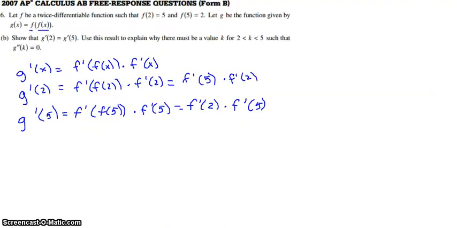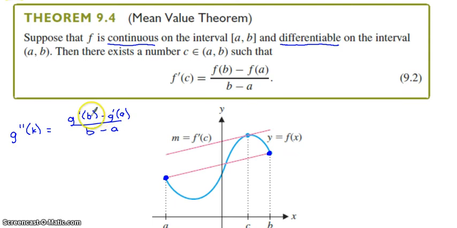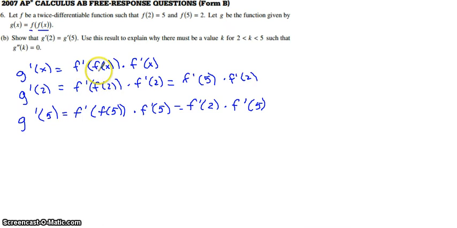So if we go back to what we have so far for part B, can we confirm that g prime, because that's the function we'd be applying the mean value theorem to, that's the function where we have the function values coming from here. So can we apply the mean value theorem to g prime? Well, is g prime continuous and differentiable?